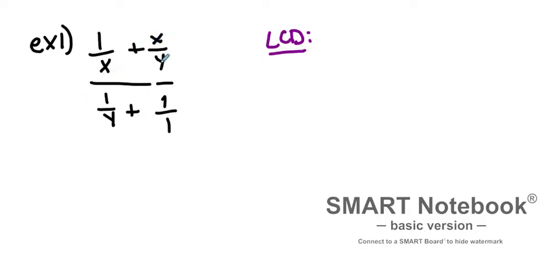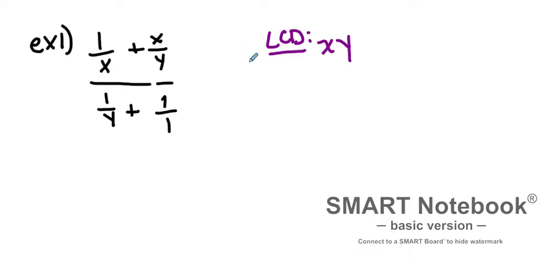The second fraction is x over y, so the denominator is y. Here the denominator is y, and here the denominator is 1. We don't have to worry about 1 because 1 times anything gives you whatever that thing is. But among all our fractions, both of these fractions have a y, and this fraction has an x. So we need a y and an x. So our LCD is xy.